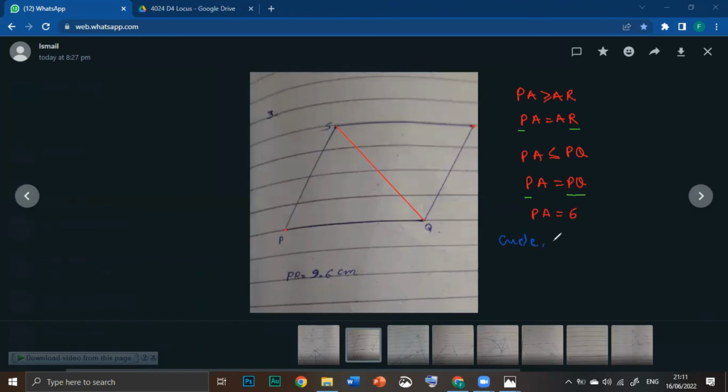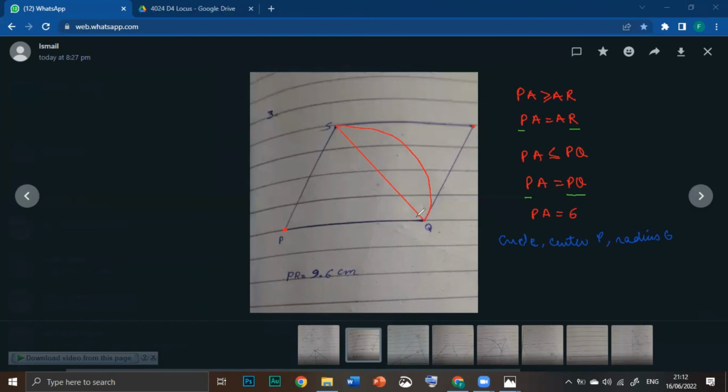Center P, sir, radius 6 centimeters. So we will draw a circle with center P and radius 6. The circle will be of this shape.